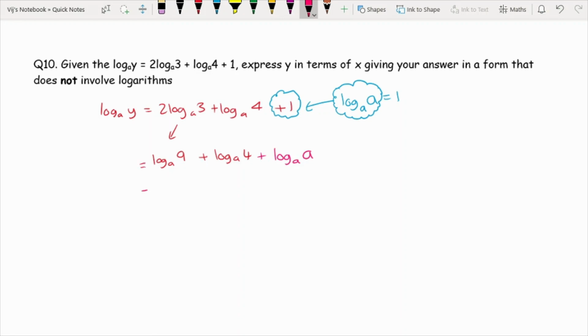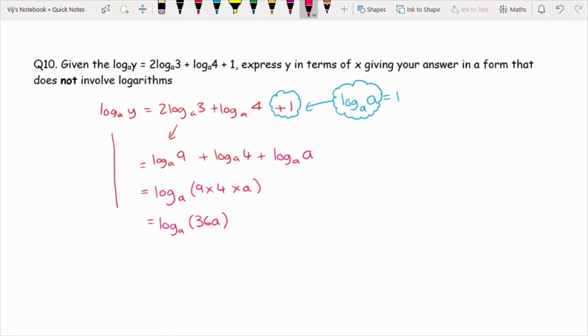And as I'm adding, I've just got to multiply them all together. So it's log_a of 9 times 4 times a, which then becomes log_a of 36a.